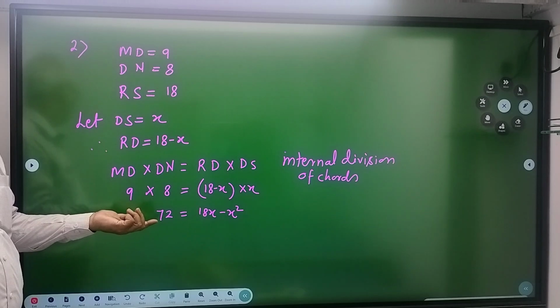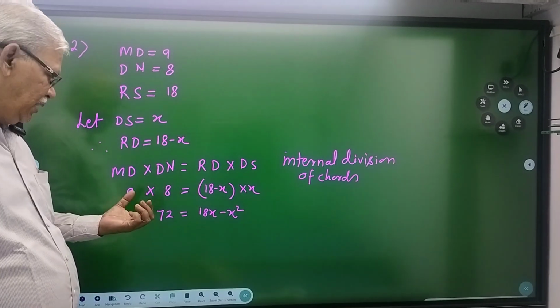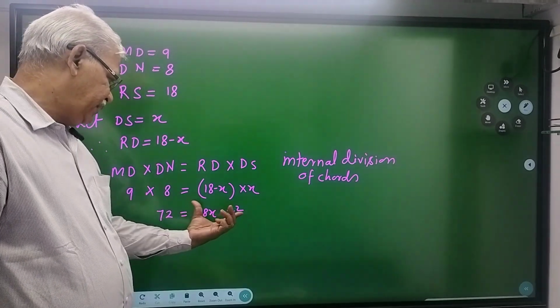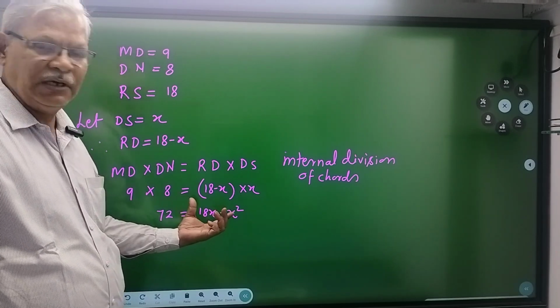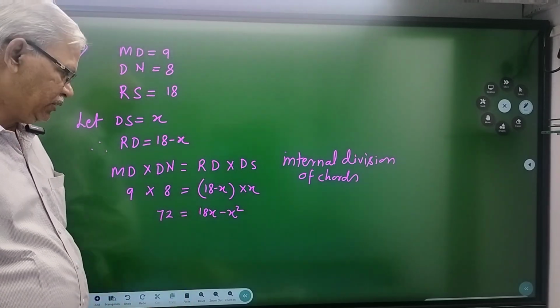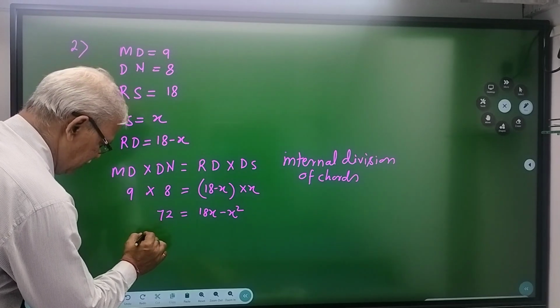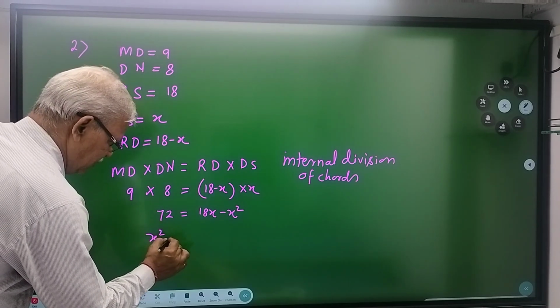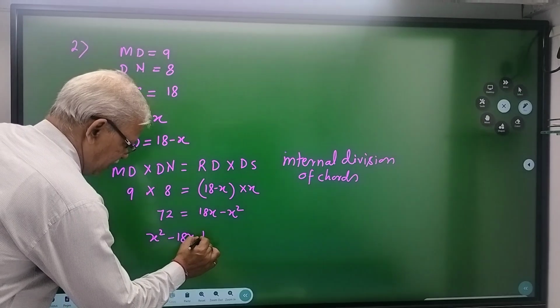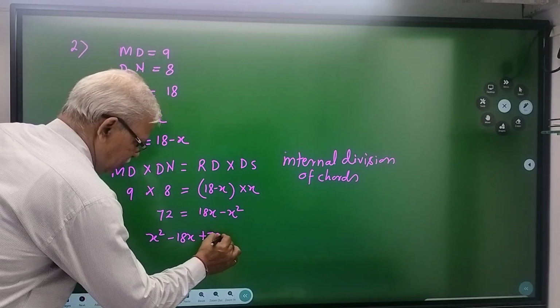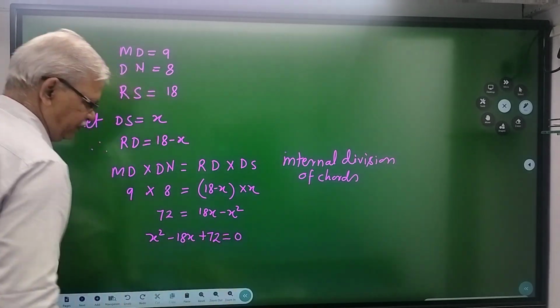Okay. Now we will take this term on one side. This will become a quadratic equation, that is x square minus 18x plus 72 is equal to 0.